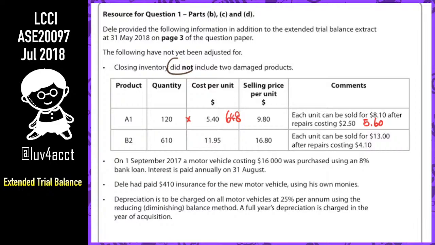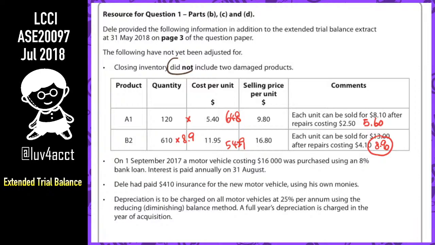B2, 610 quantity, cost price, and then selling price 13 after repairs costing 4.1. So 13 minus 4.1 is 8.9, which is the amount that should be included. 610 multiplied by 8.9 is 5429.